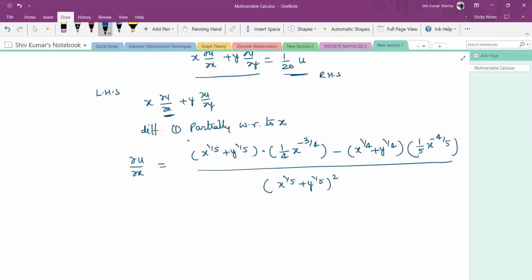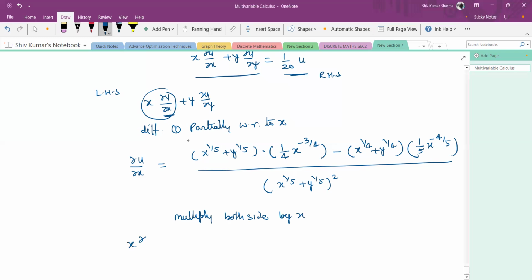Okay, so this is del u upon del x. Now we write this complete term. So we multiply both sides by x.